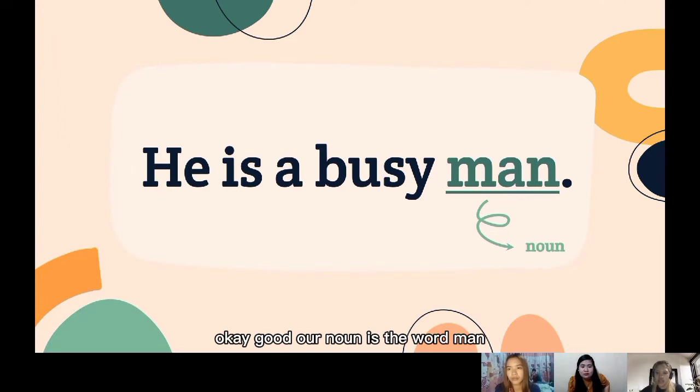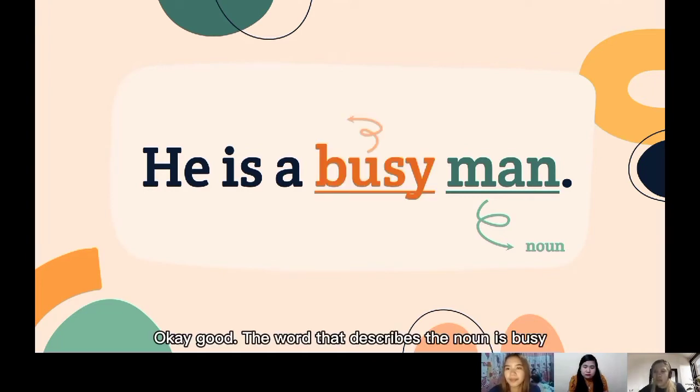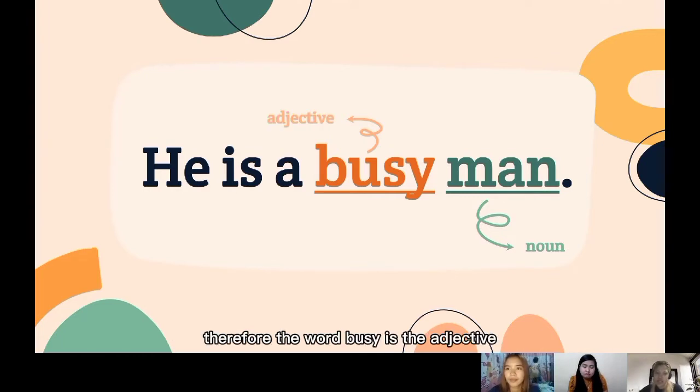Our noun is the word man. Now, Miss Rose, will you help me identify which is the word that describes the noun? The word that describes the noun is the word busy. Okay, good. Therefore, the word busy is the adjective.